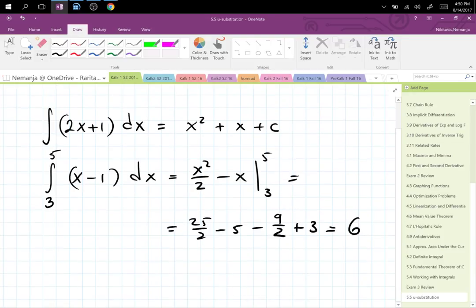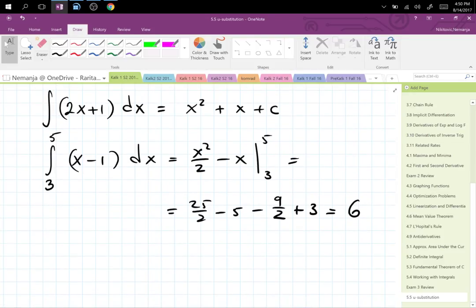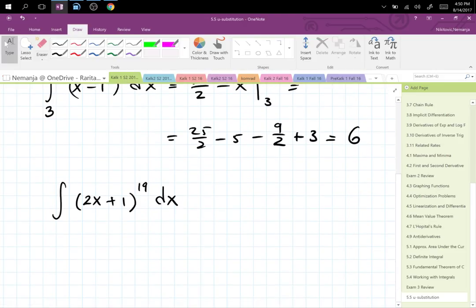Those are the calculations that we know so far. They're basic integration. What we are going to discover today is how to do the integral of 2x plus 1 raised to the 19th power dx. Now, what you could do is you could sit and actually FOIL this 19 times and then integrate, which would take some time.